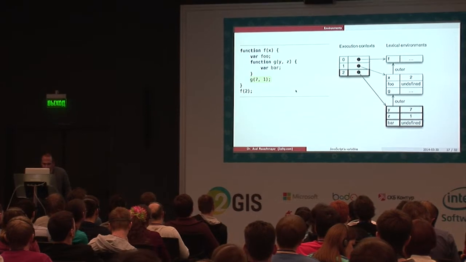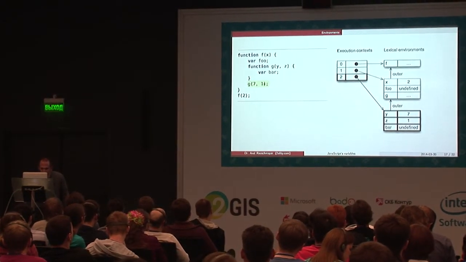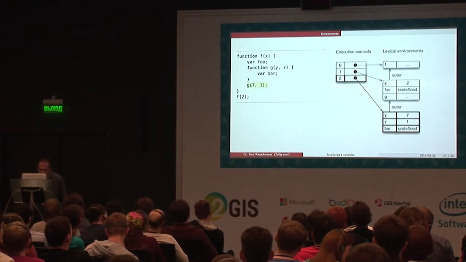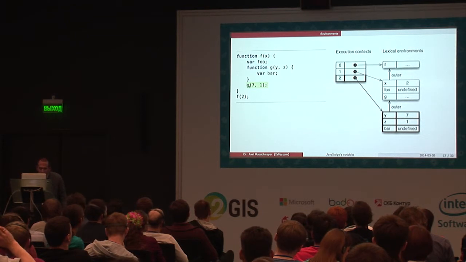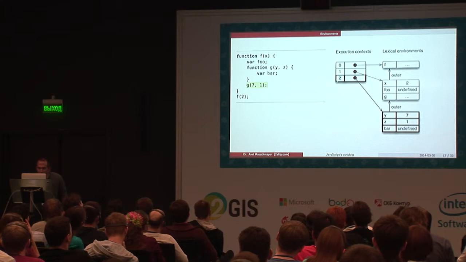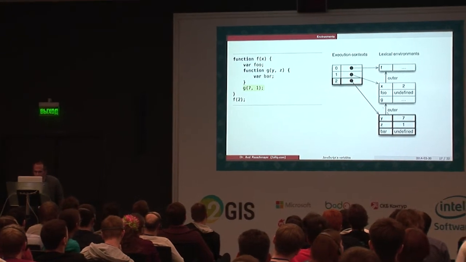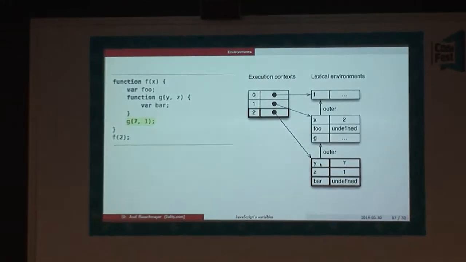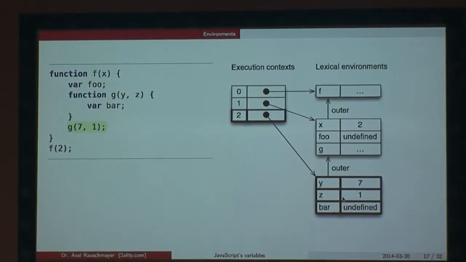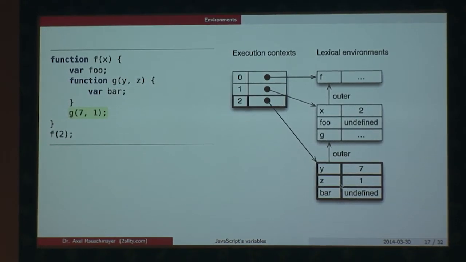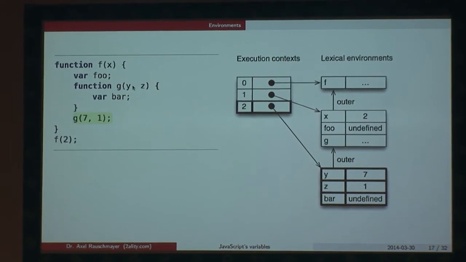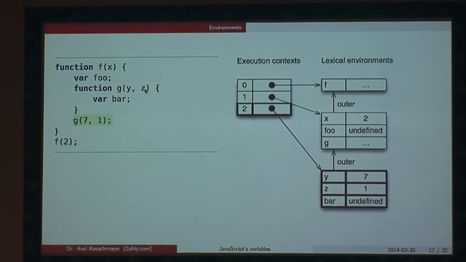And then the next step is, once you're inside f, you may get another function call. You call g with two parameters, 7 and 1. And you push another environment on the stack. Now you need storage space for y and z, and for bar.